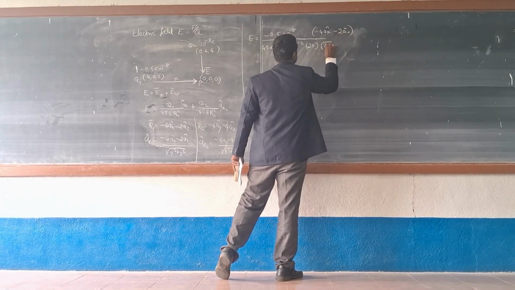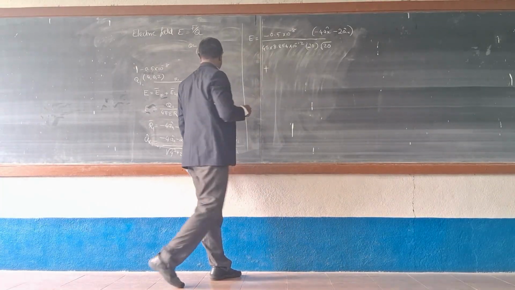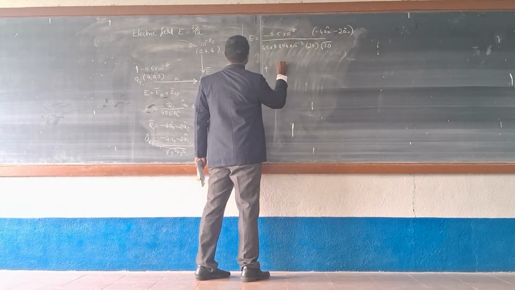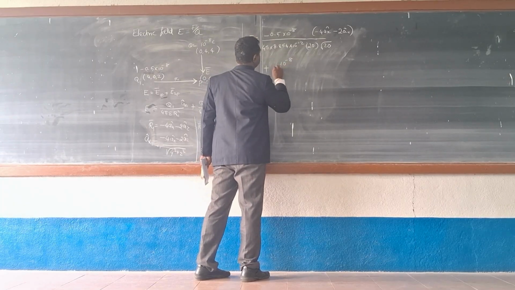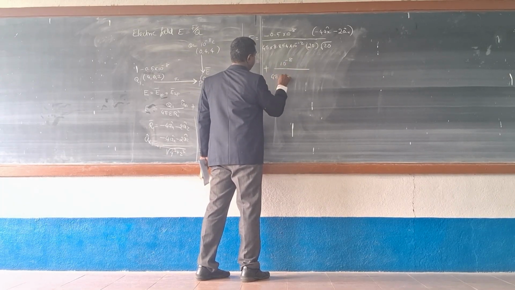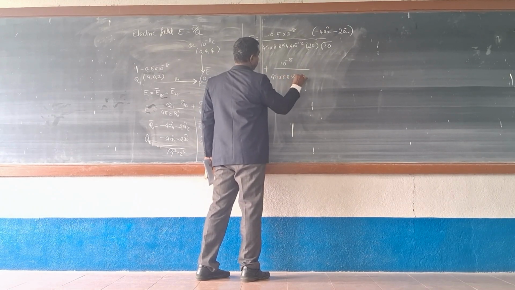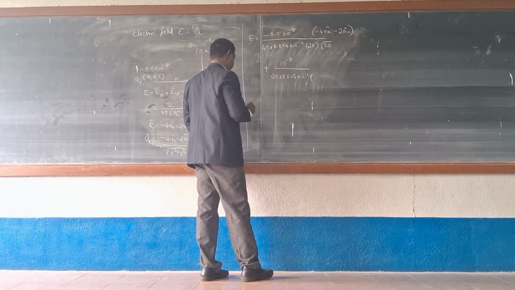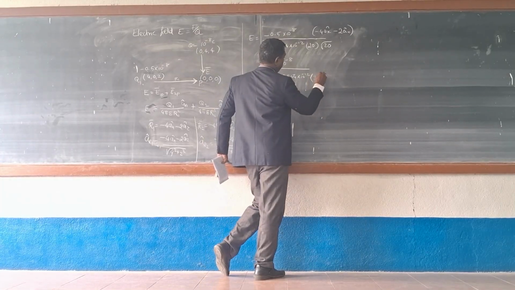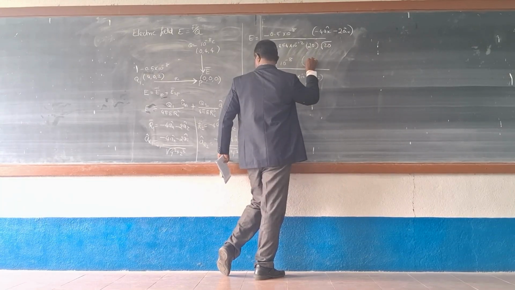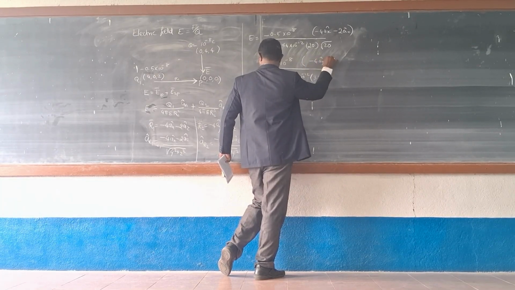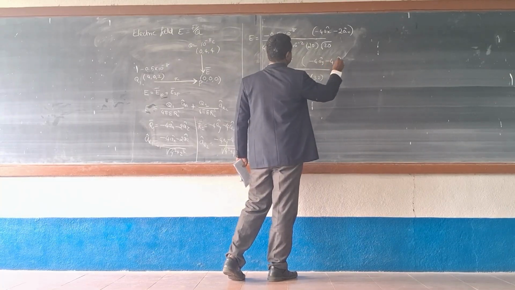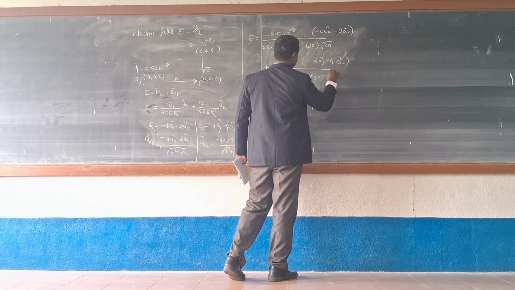divided by root 20, plus, now the second term Q2, we know it is 10 power minus 8 divided by 4 pi into 8.854 into 10 power minus 12 multiplied by R2 square, which is 32, multiplied by minus 4 AY minus 4 AZ divided by root 32.